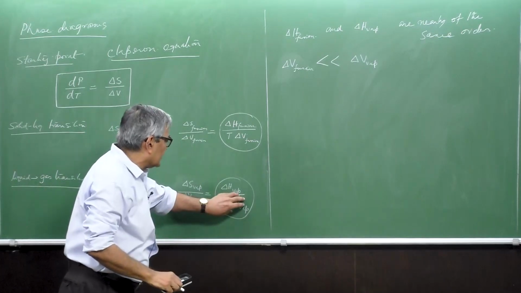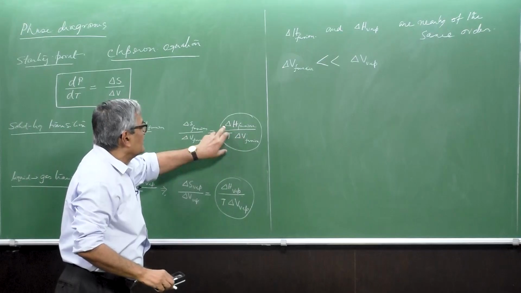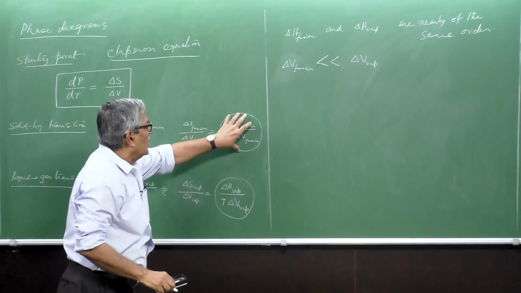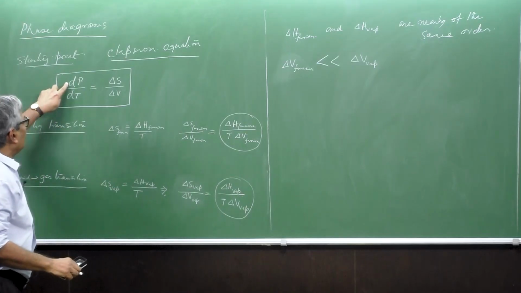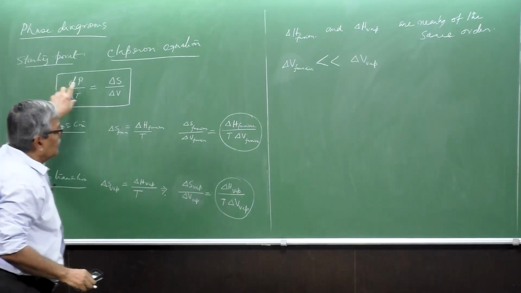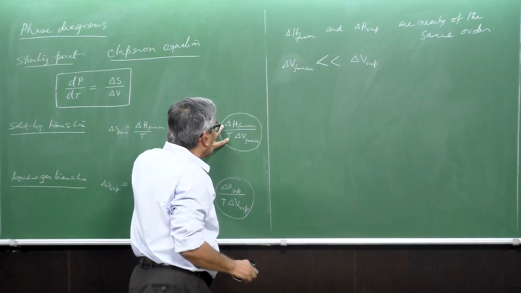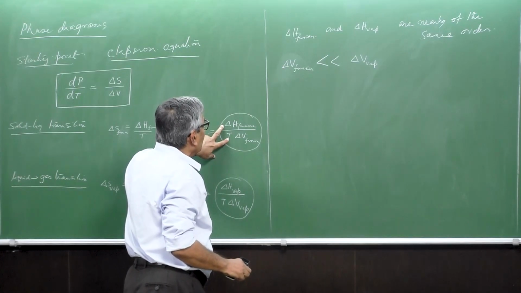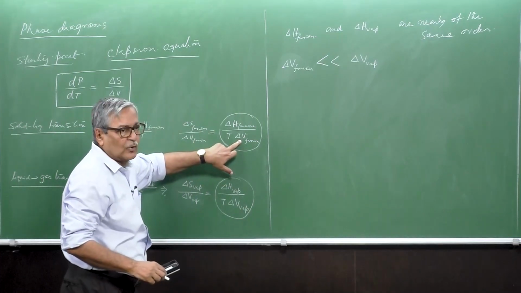So, if it is much less than this, that means the slope, if I plot P versus T, then the slope for the fusion curve will be much larger, because there the denominator is very small.